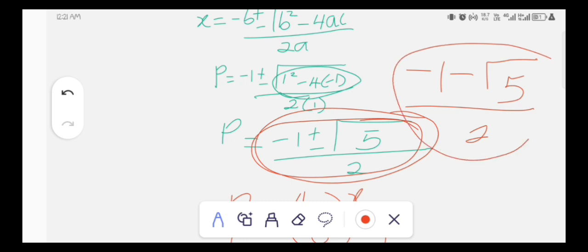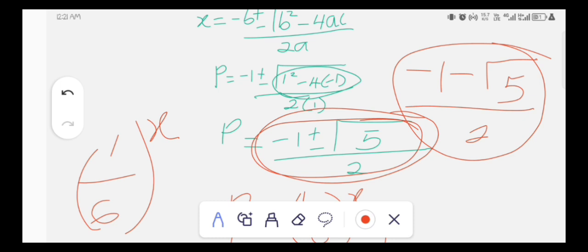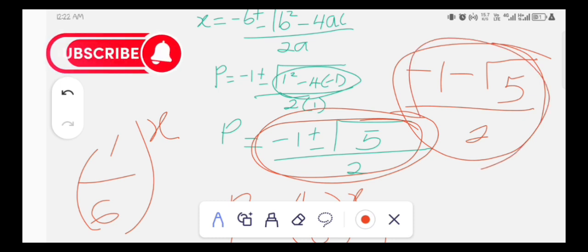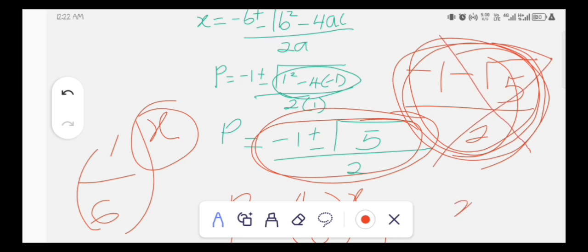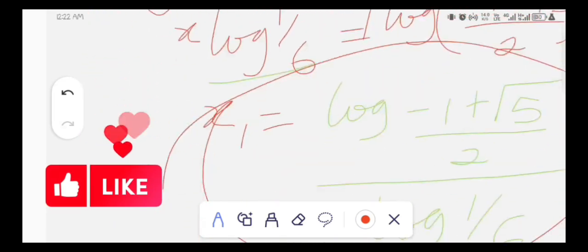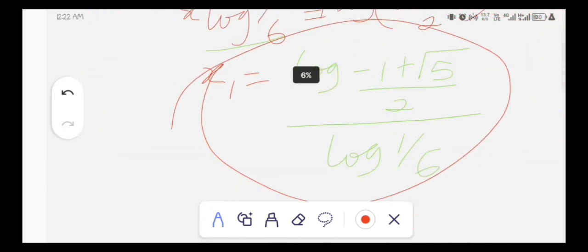So if this results in a negative value, you take note that 1 upon 6 all power x cannot give us a negative value here, since we cannot have an exponent that will result to a negative value. So what this implies is that this is a trivial solution and cannot be used to get the value of x. So we only have one value for x, which is the value here. Does that make sense to us?